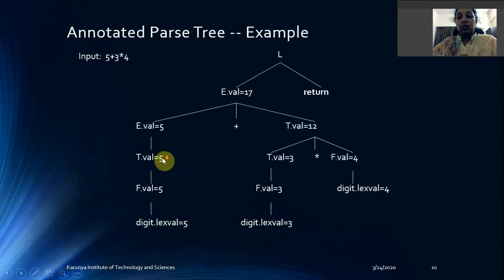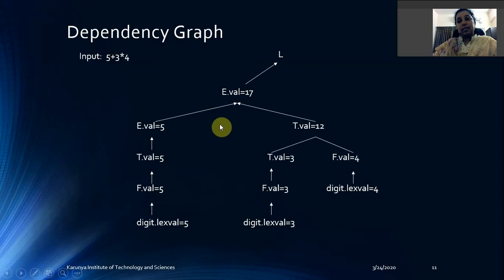Now you have a dependency graph. This dependency graph is quite interesting. What are we supposed to do? Only if I know the values of the digits, I will be able to calculate the value up to L, or else I will not. So here F is dependent on digit, and so you have an upward way of understanding things.